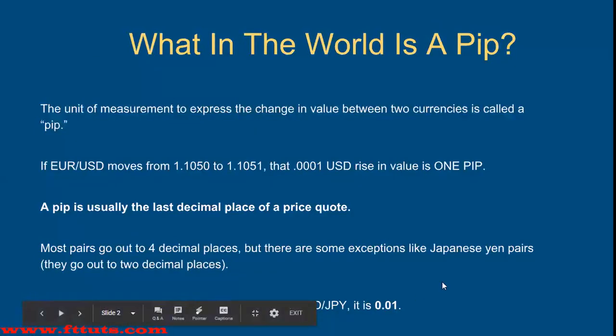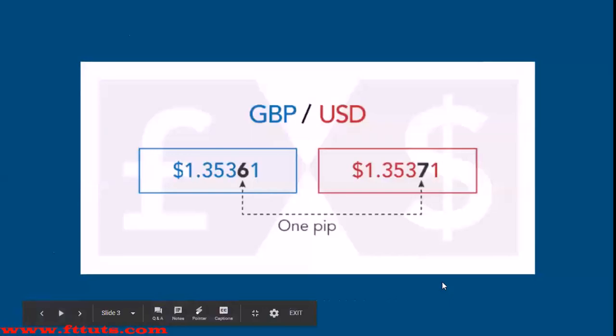Okay, so let's continue now. To show you better, this is the pound US dollar. This is going to be a one pip move to the upside. Price went from 1.3536 to 1.3537.